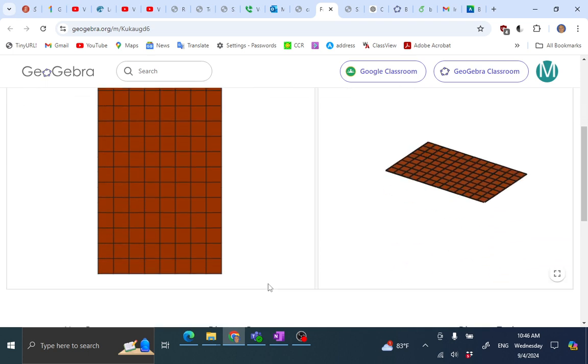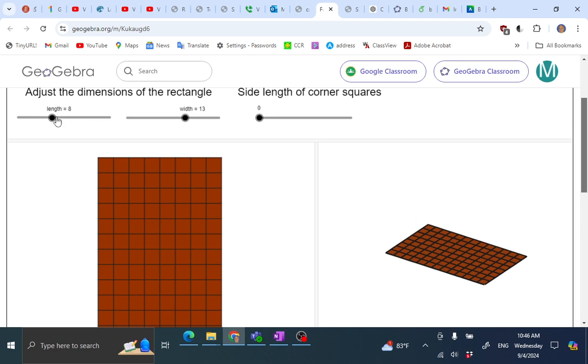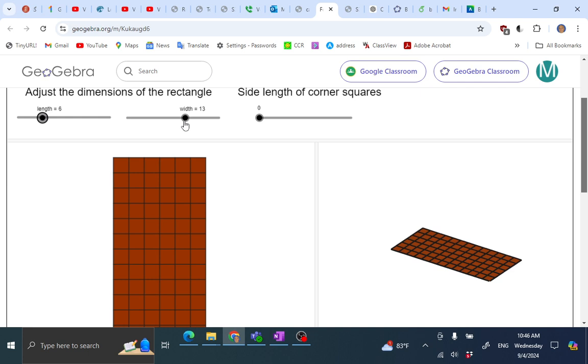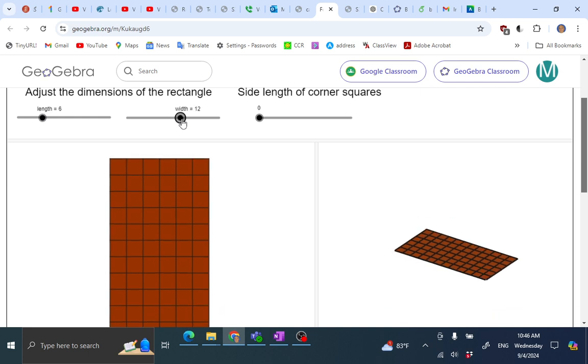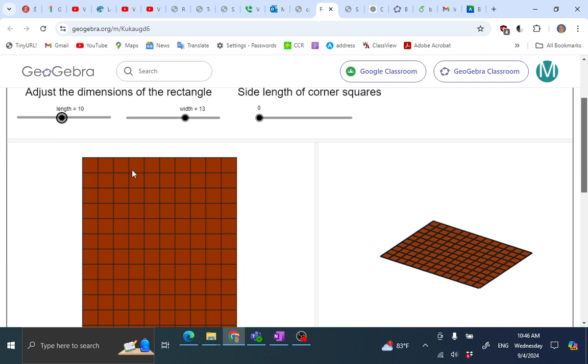So here is our cardboard. You can decide on the size of this cardboard by making it bigger or smaller, taller or shorter, whatever you want.